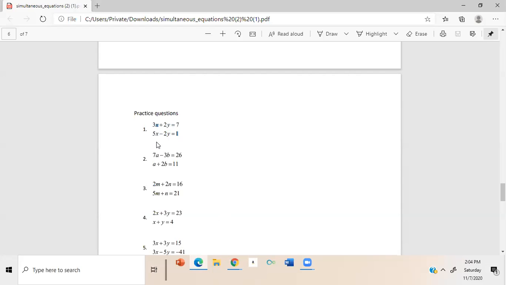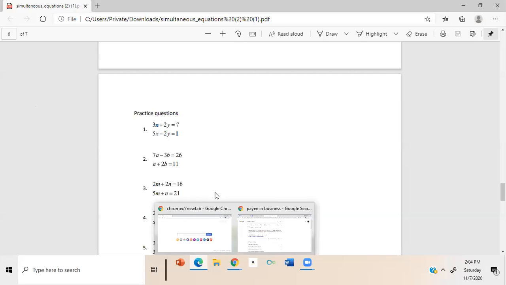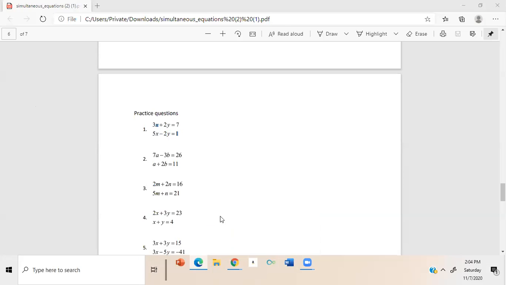Then equation 2, 5x minus 2y equals 1. We're going to solve these simultaneous equations using the elimination method, and after that we'll solve it using the substitution method.